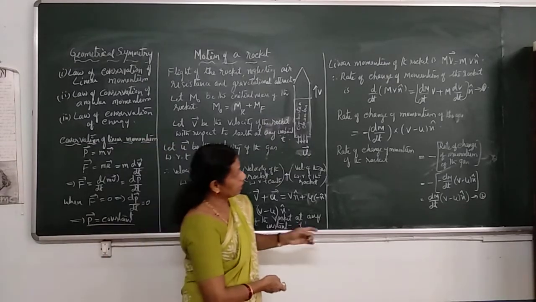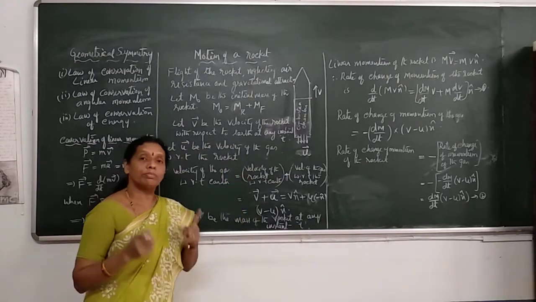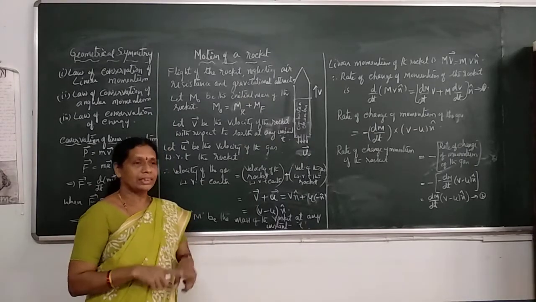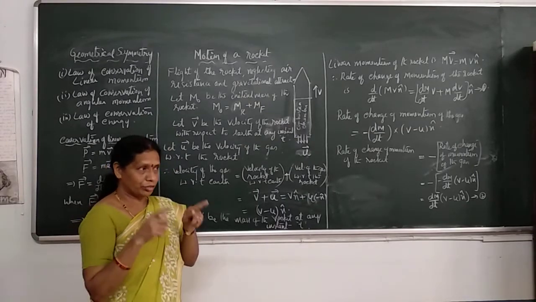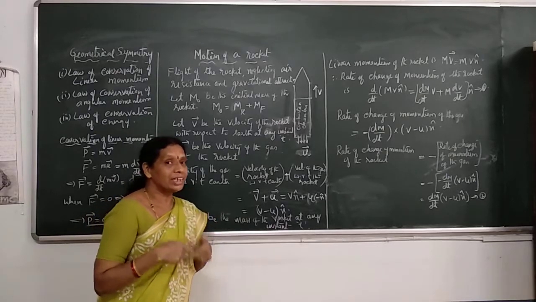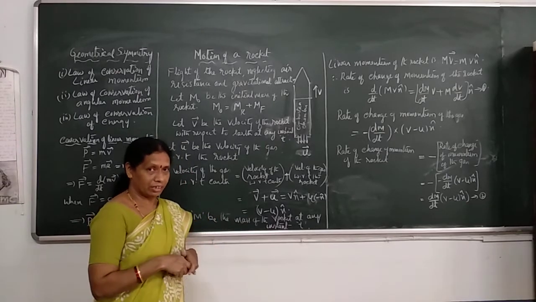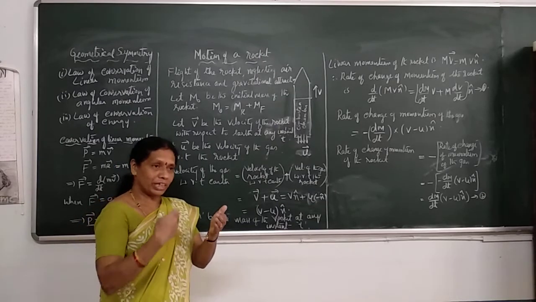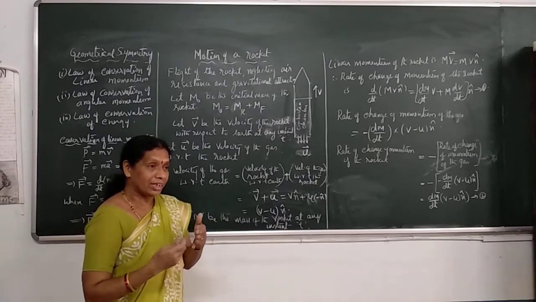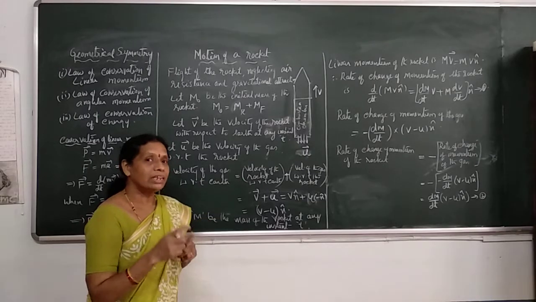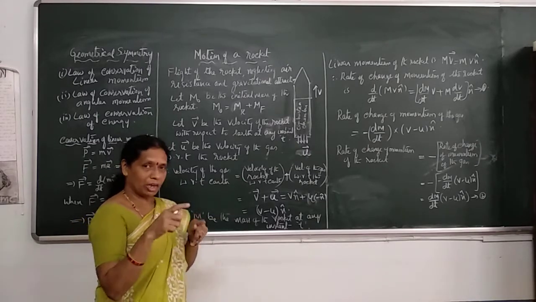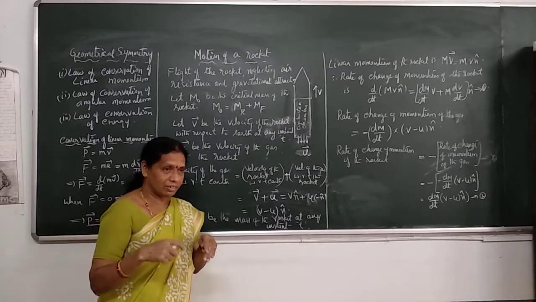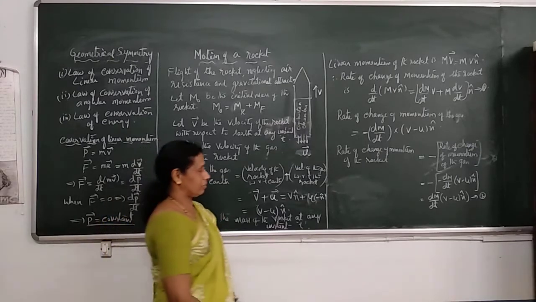Let dm by dt be the rate of change of mass of the rocket, which is decreasing. With that, the mass of the escaping gas increases, so that increase in mass we denote as minus dm by dt. Minus dm by dt represents increase in the mass of the escaping gases.